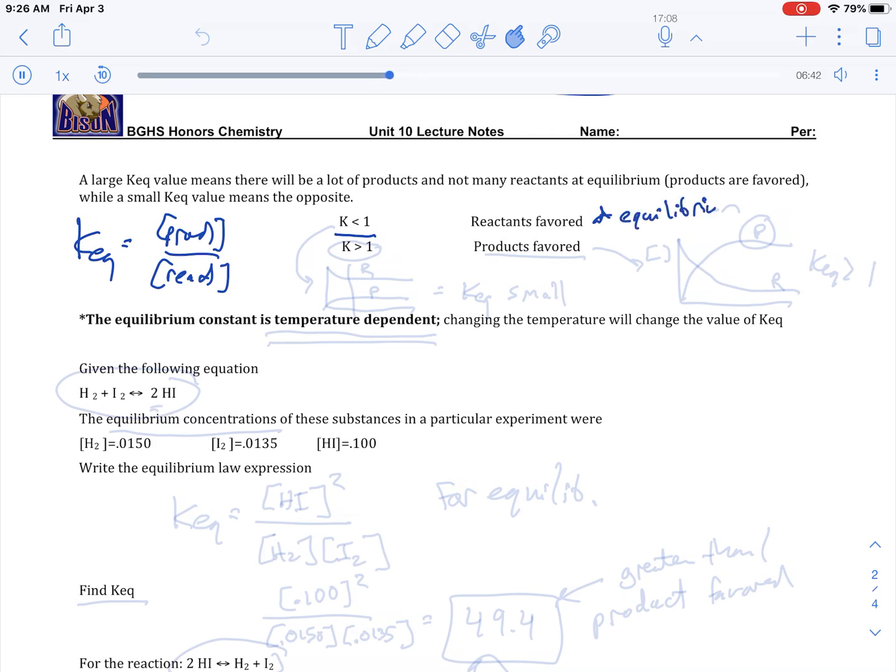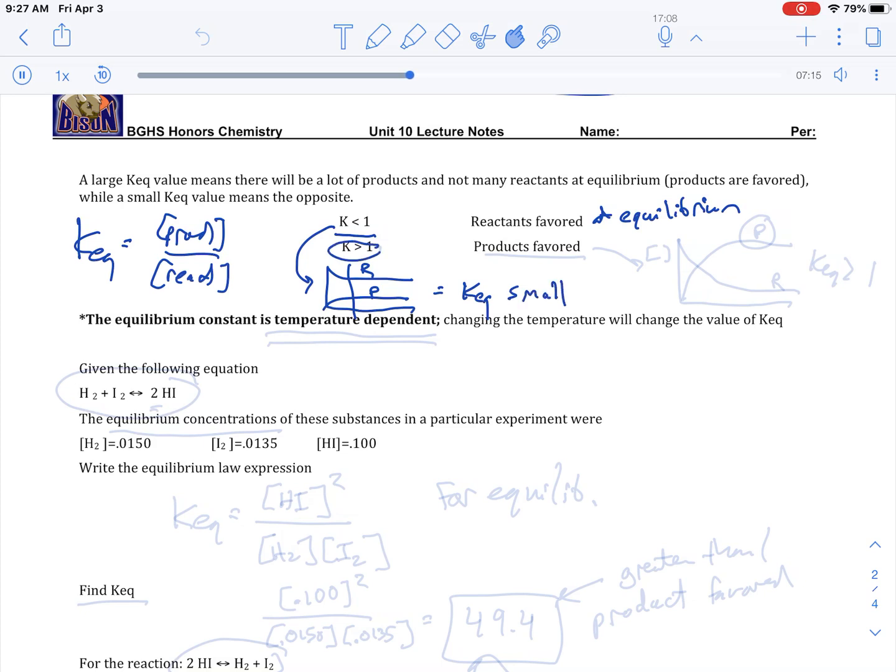equilibrium. Okay, so that means on a graph of reactants versus products, at equilibrium, let's say that line right there is where equilibrium happens, there's more reactant than product. That's why when you take the ratio of products over reactants, you're going to get a small value.